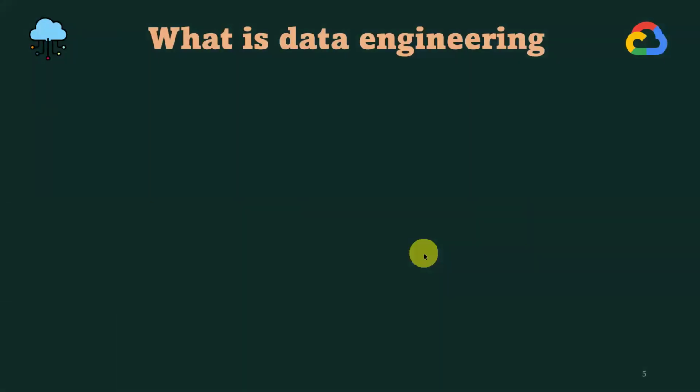Let us see what is data engineering. I would like to talk about where the data is actually coming from. If you ask me where the data is coming from, let me give you a live example that we do every day.